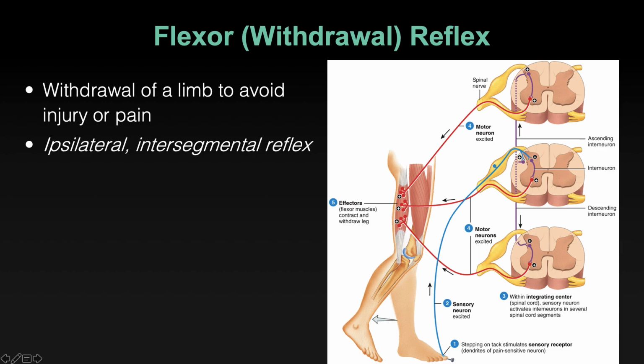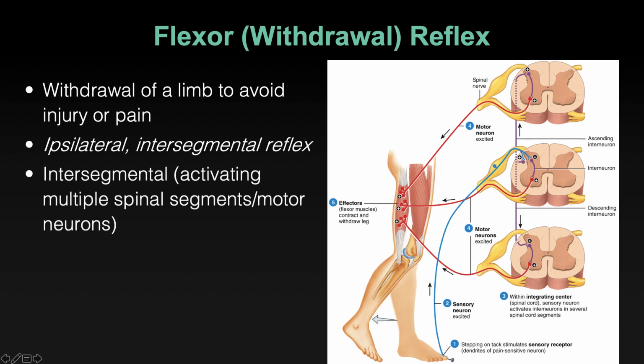Intersegmental simply means that when the signal gets to the spinal cord, it doesn't relay out the same way it came in immediately. It activates higher and lower segments in the spinal cord. It spreads through the spinal cord so that we can activate other nerves and other muscles attached to those nerves. Intersegmental, activating multiple spinal segments.